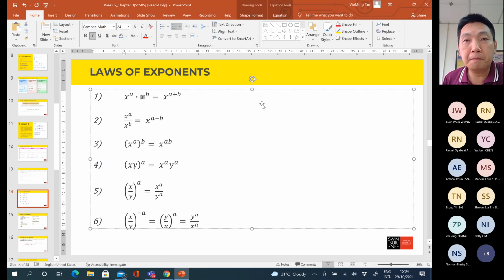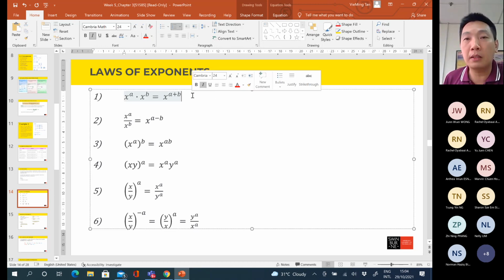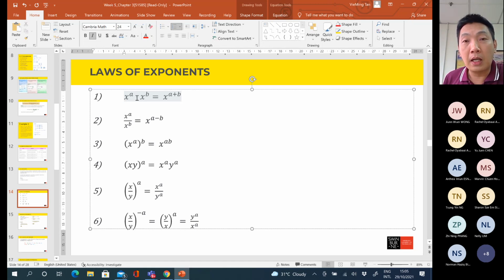I call this index rule number 1. We use this method to simplify expressions when both base numbers are the same and involve multiplication.